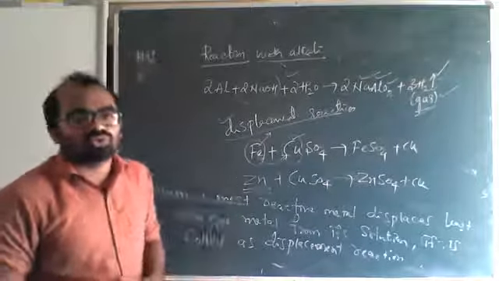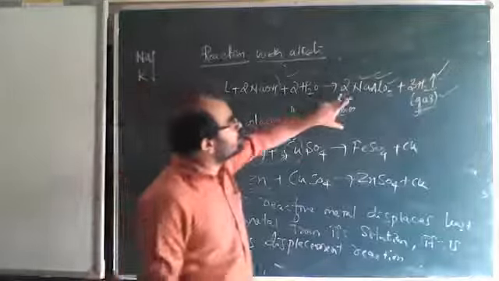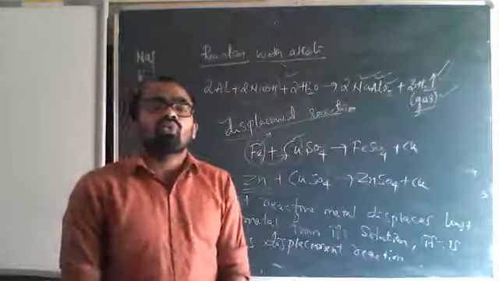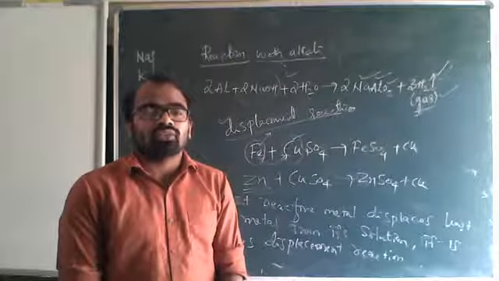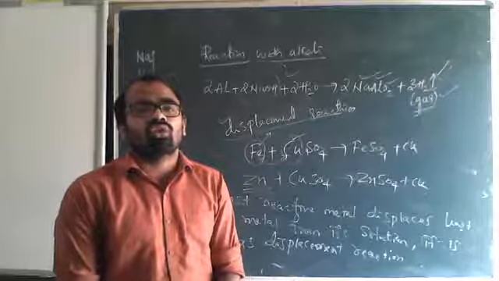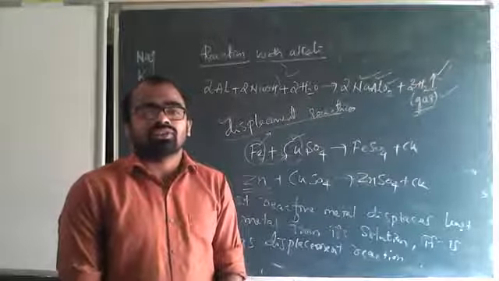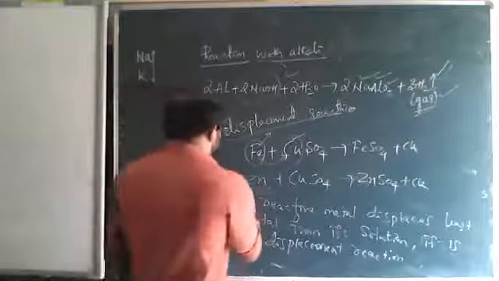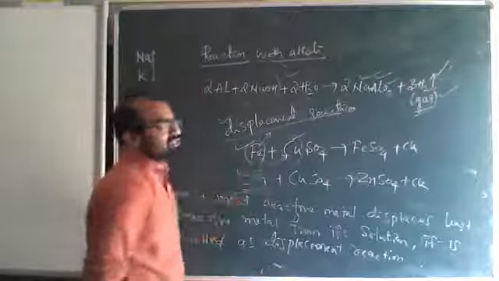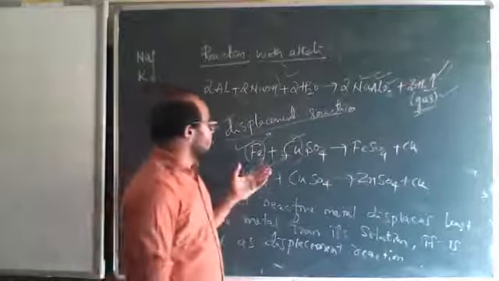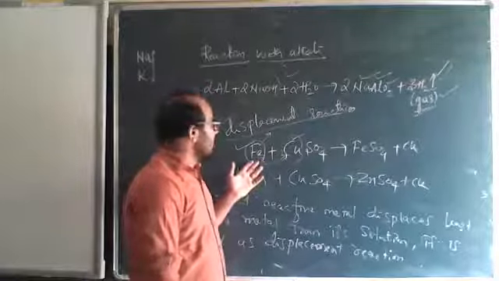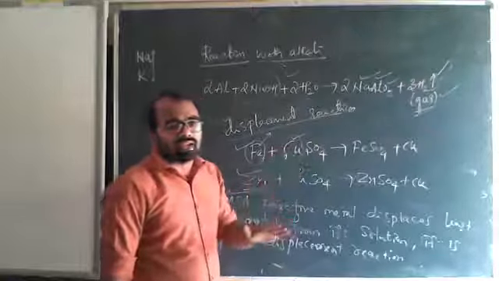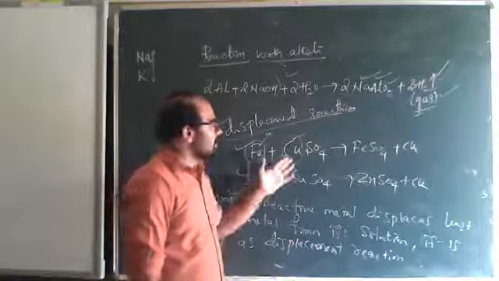So 2Al plus 2NaOH plus 2H2O will give me 2NaAlO2 plus 3H2. That means 2 times sodium aluminium oxide. How to read it? 2 times sodium aluminium oxide along with H2 gas. Hydrogen gas is liberated. Okay, so displacement reaction, if it is asked, write the definition and write any one of these as an example. How to write it in words? Iron reacts with copper sulfate and iron displaces the copper, as iron has more reactivity compared to copper.